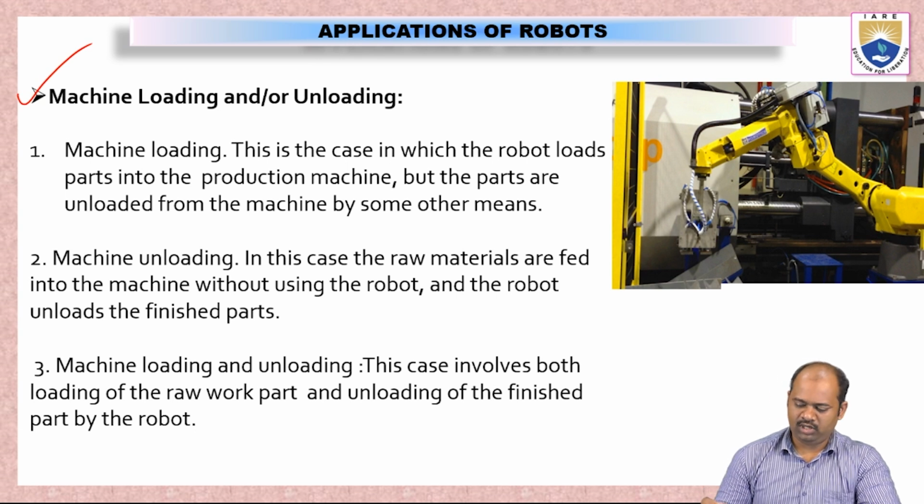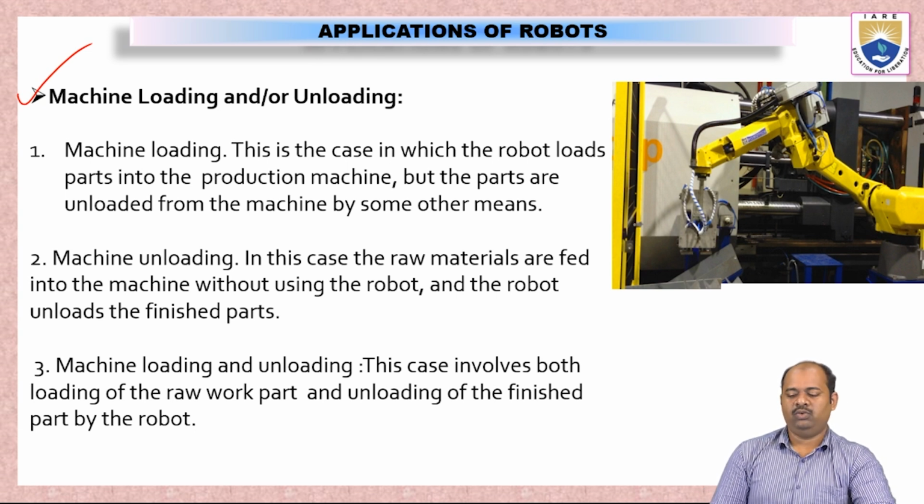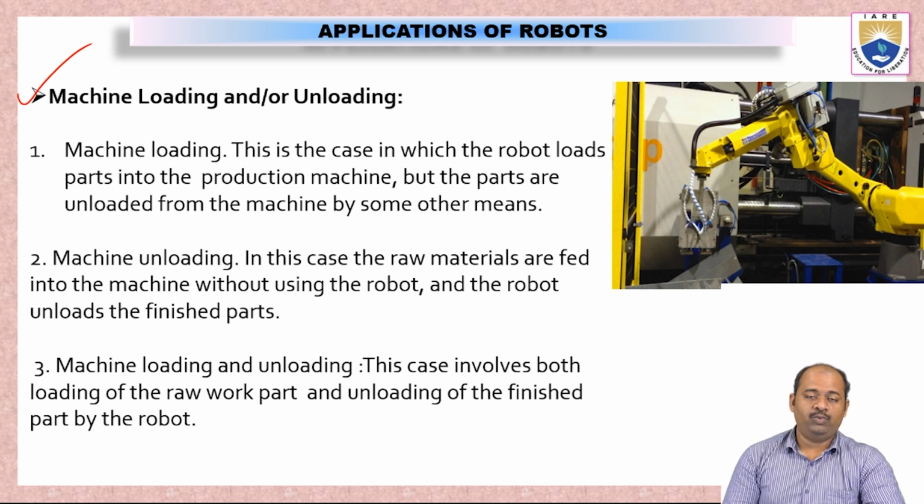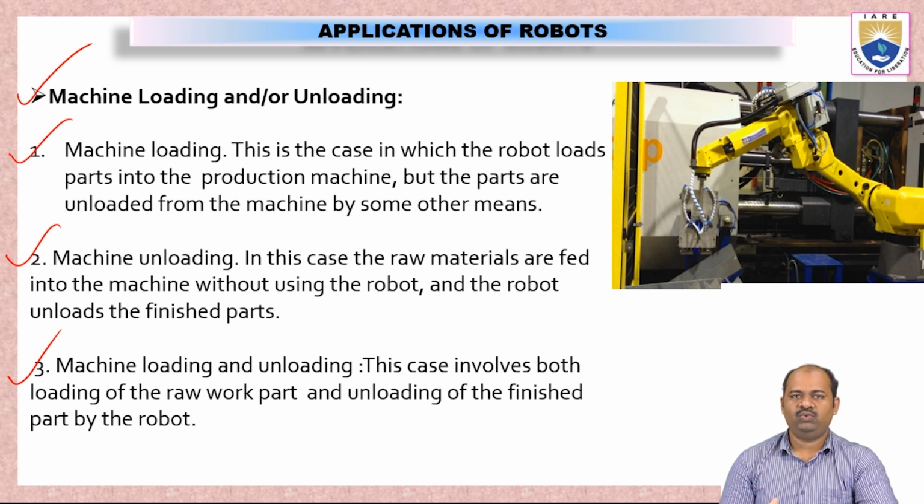Now this process is called machine loading or unloading operations, where the robots can do multiple types of operations while loading or unloading. There are 3 types. First one is machine loading, where the robot is used to load the workpiece into the machine, and it does not care about unloading the object.